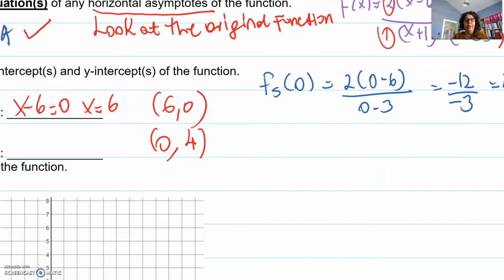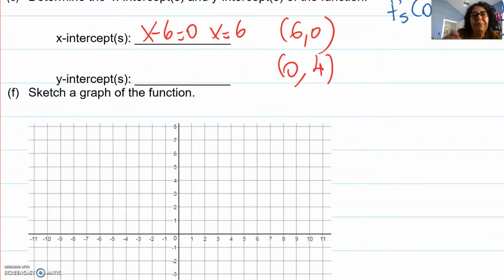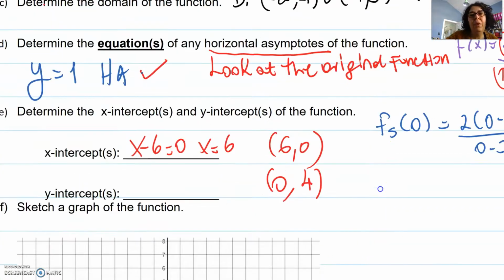Okay, so we're going to get all those points together and draw the graph. All right, x-intercept, when x is 6, y is 0. Y-intercept, when x is 0, y is 4. And we do have a hole.